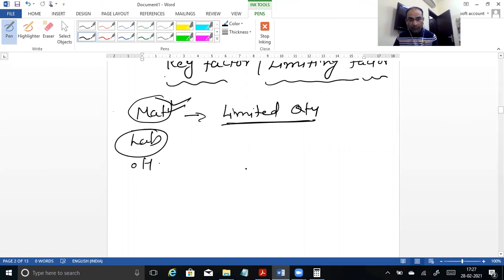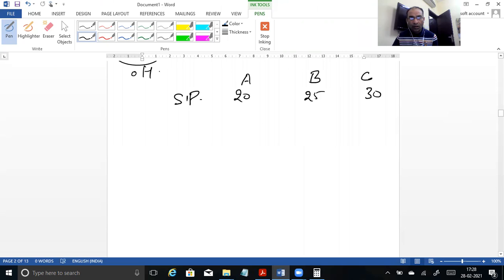Say for example, I have A product and B product and C product. The selling price of A product is 20, here it is 25, here it is 30. Clear? Now, raw material, which is a limiting factor, is used here 2 kg for 1 unit.